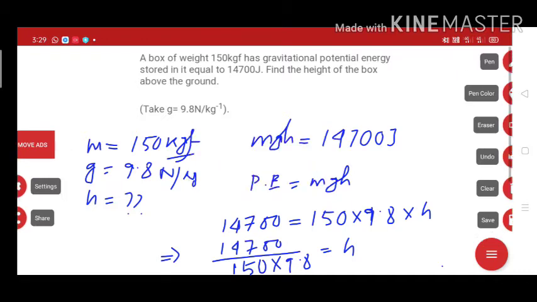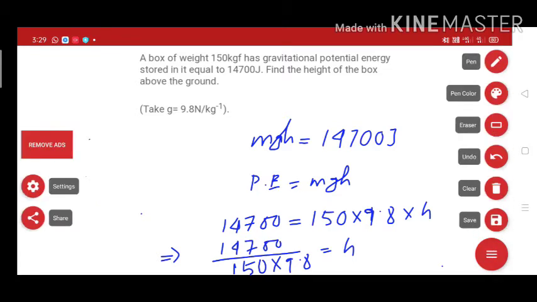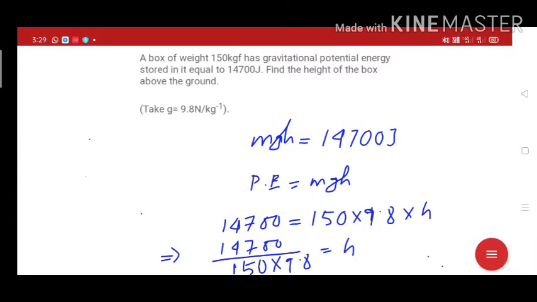I'm going to erase this portion. The h is going to be 14700 divided by 150 into 9.8.